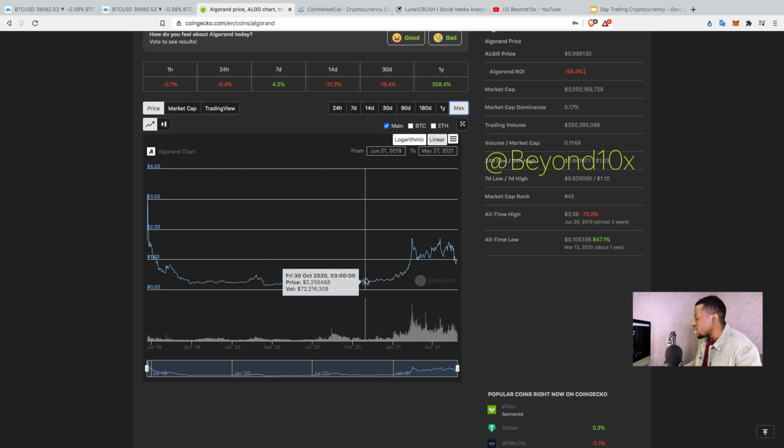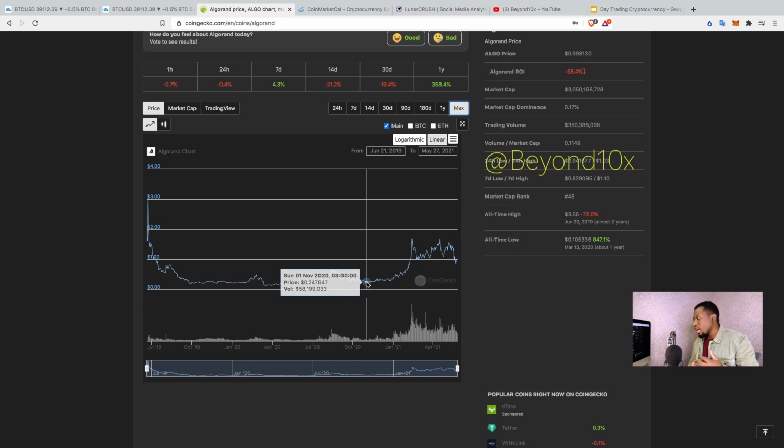Then gradually, as we proceed, the volume increased to 72, and later on 123, then it just kept on spiking: 151 million, then 234. That tells you that there is obviously potential. And if you look at the market phase in this particular area, we were in the distribution phase. I'm going to talk about the accumulation and distribution phase a little bit later, but you understand what I'm trying to say.